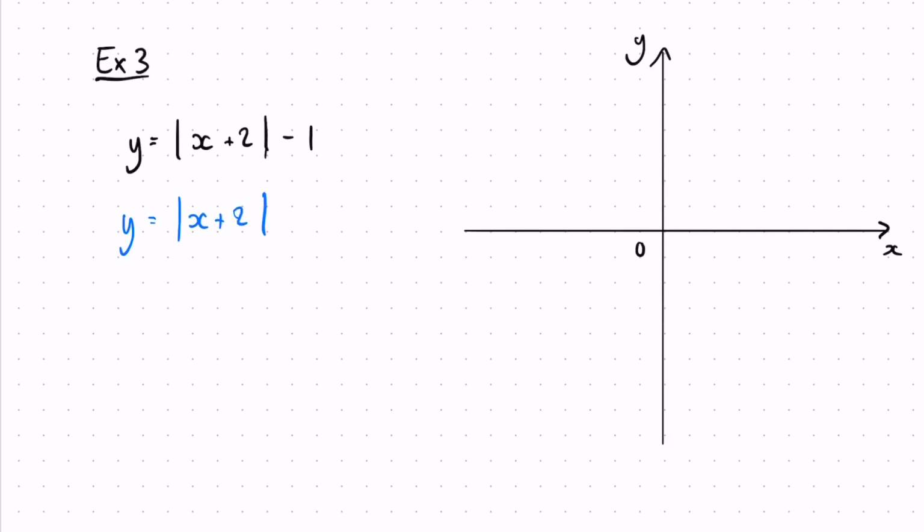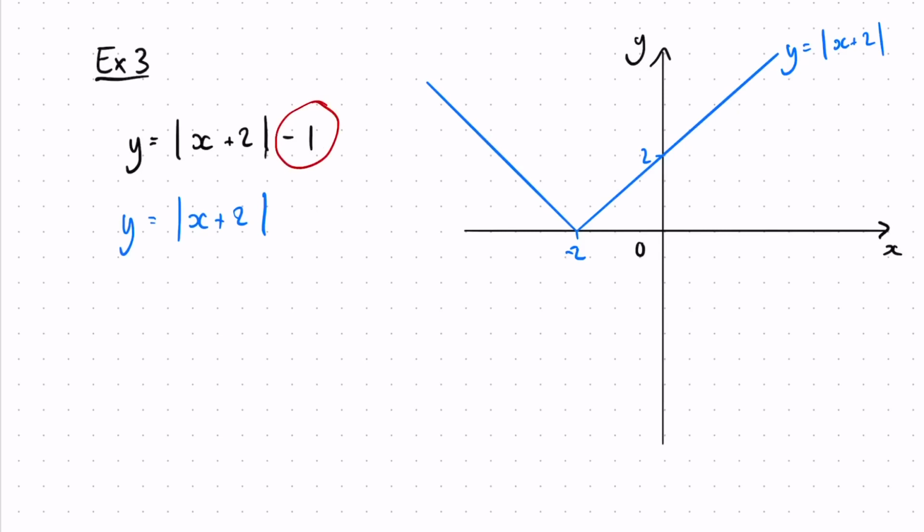It would go through 2, and it would go to minus 2, but this time I'm not going to worry about drawing what y equals x plus 2 would look like. I'm just going to draw the modulus version. So this would look something like that. Okay, that is y equals modulus x plus 2. So y equals modulus x plus 2, minus 1 is the same as y equals modulus x plus 2, but then all of the values are going to be shifted down 1.